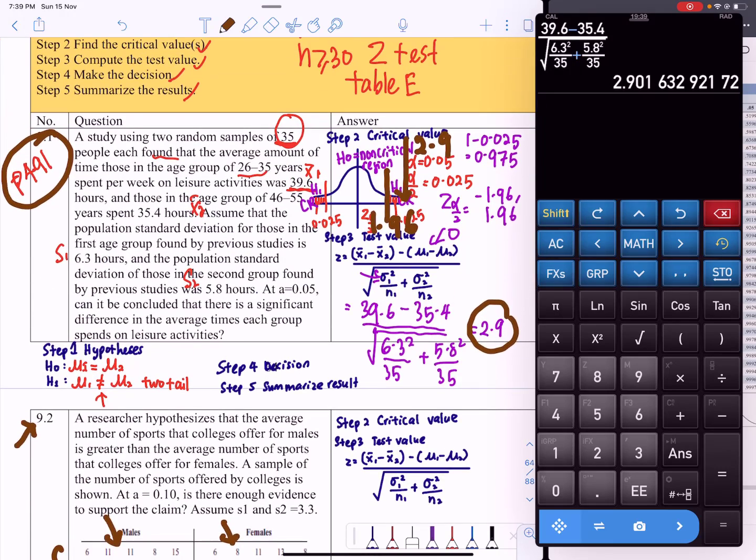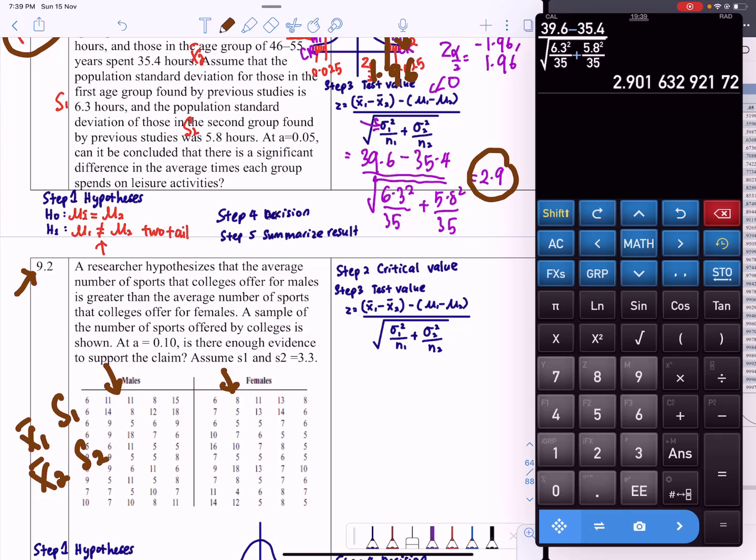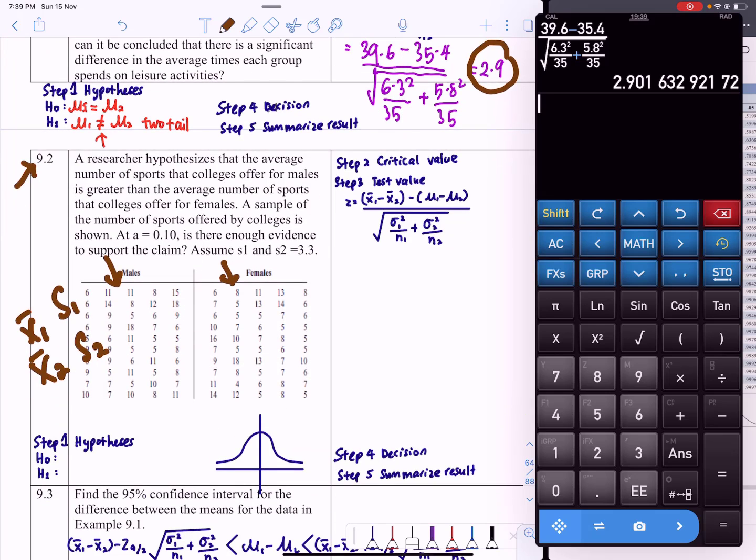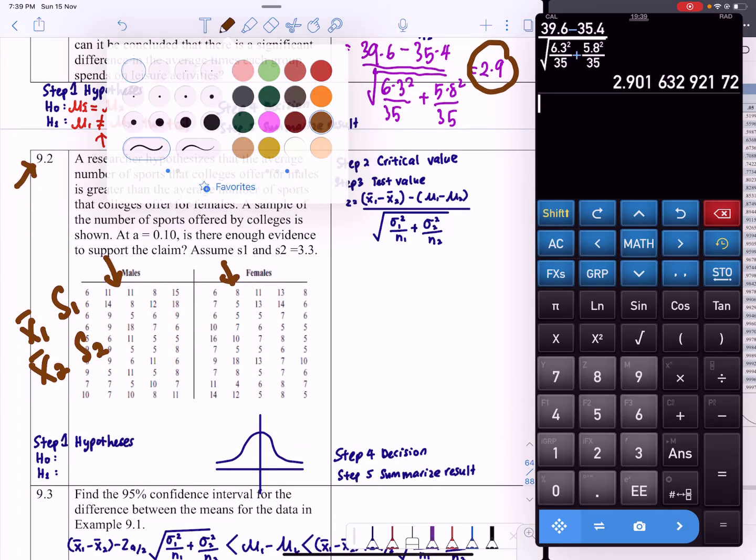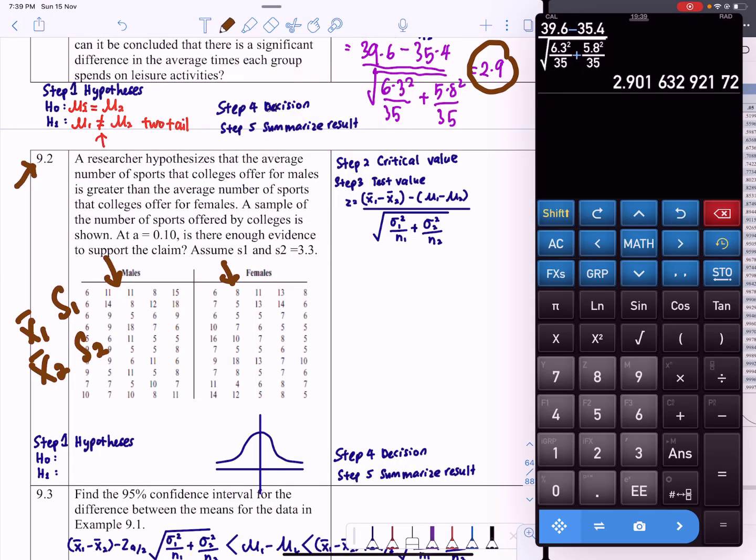Okay, this for the Z test. If you look at this data set, we have 1, 2, 3, 4, 5, 6, 7, 8, 9, 10. 10 times 5 equals to 50 data set.